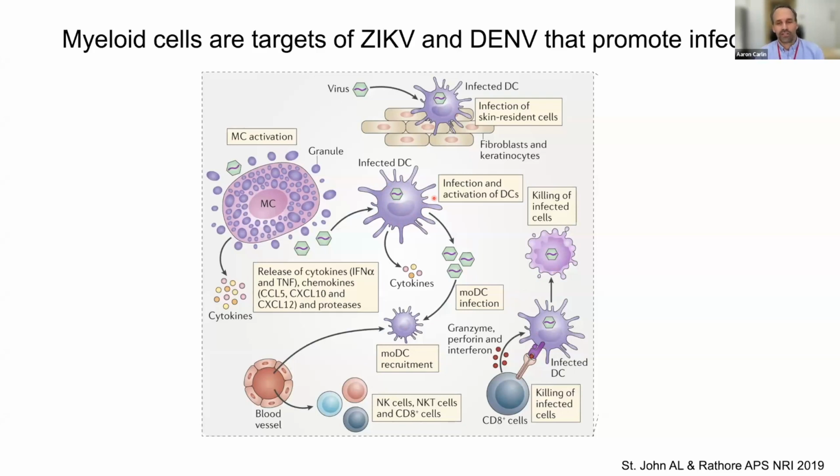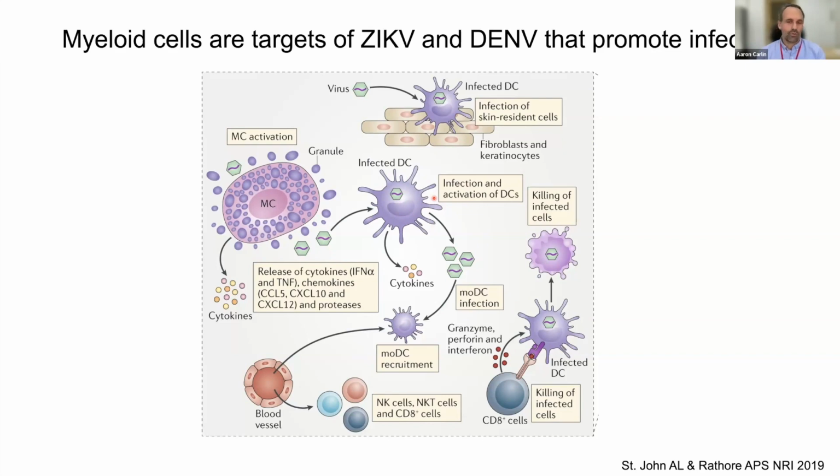Given that Zika virus and dengue virus had such different clinical manifestations in humans, we made a hypothesis that potentially differences in the way that our innate immune system responds to these viruses early in disease may help explain, at least partially, why the systemic manifestations of these infections are so different.